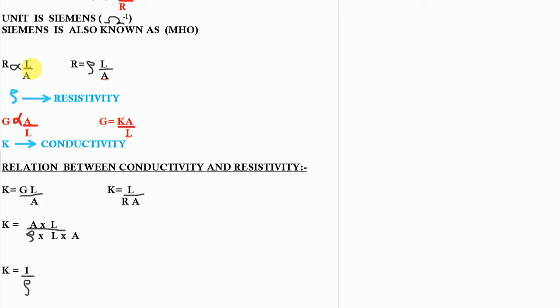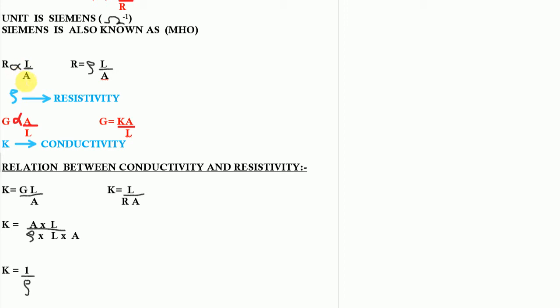Now, if the length of the conductor is greater, it is obvious that the conductor will be able to apply more resistance to the flow of electricity. So since the length is greater, the resistance increases. Therefore, R is directly proportional to L.